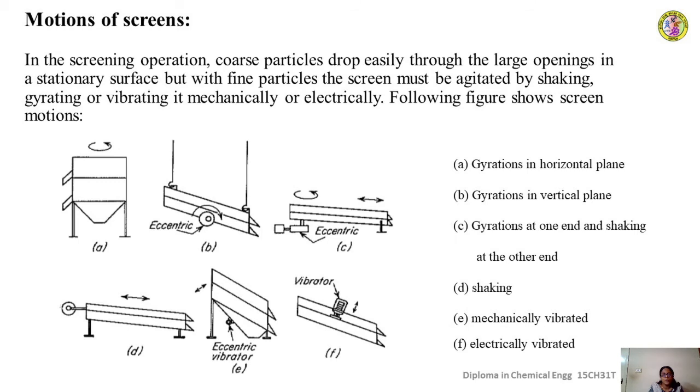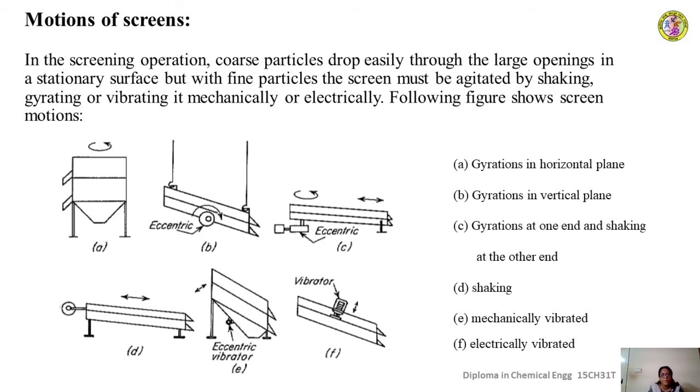I told you the importance of motions that are given to screens in the previous slide. Whenever a screening of material is carried out, coarse particles will easily drop or pass through the large openings if it is a stationary screen.